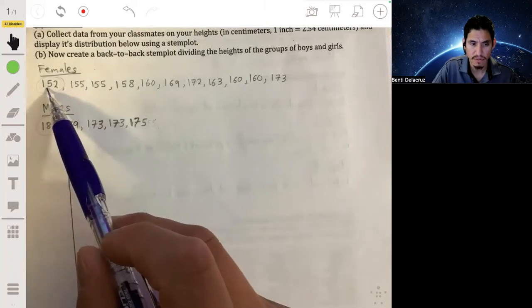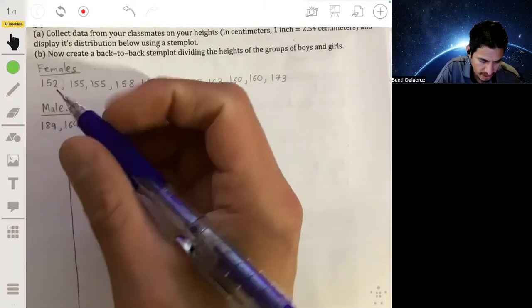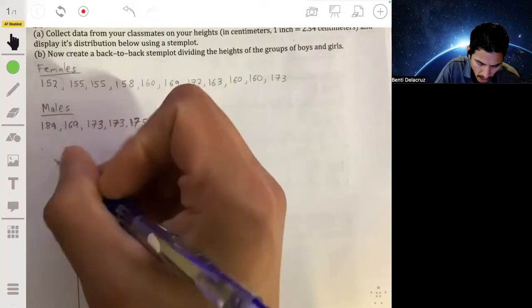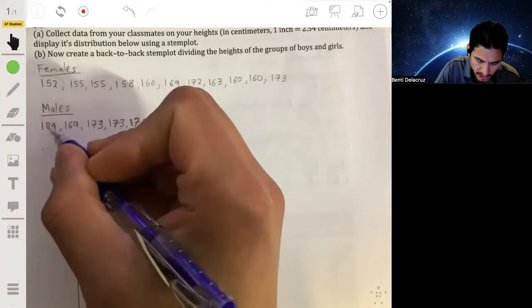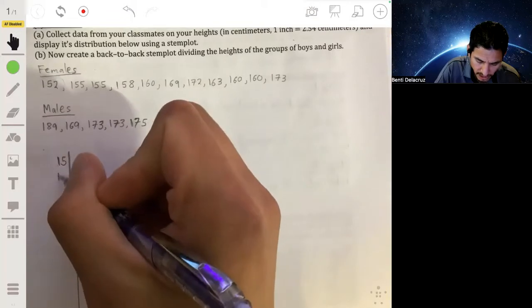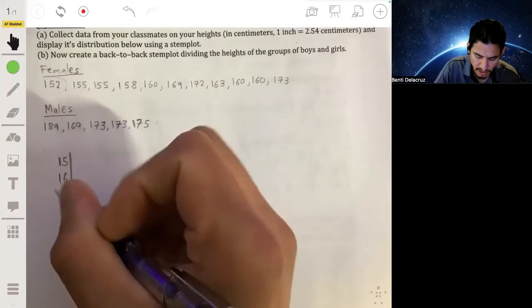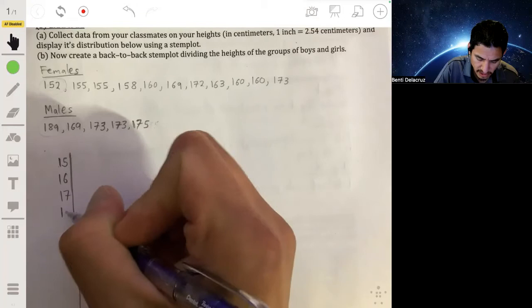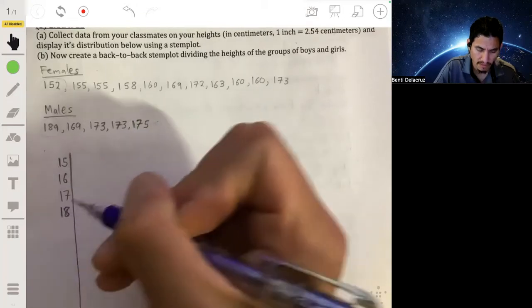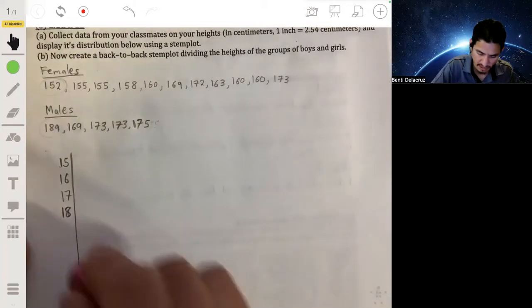So our stem will first be 15, and we're going to go all the way up to 18, making sure not to skip any of the whole numbers in between. So 15, 16, 17, 18. It's just those 4. Then I need to actually make it this tall.